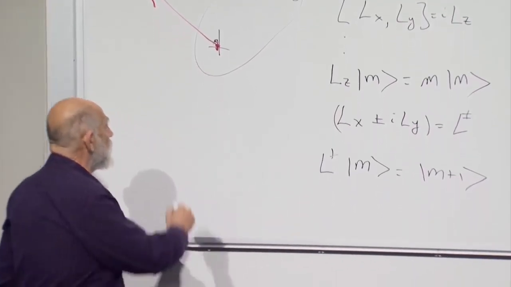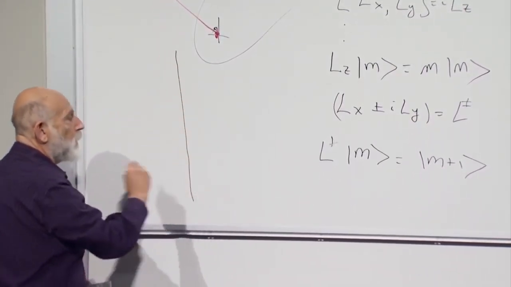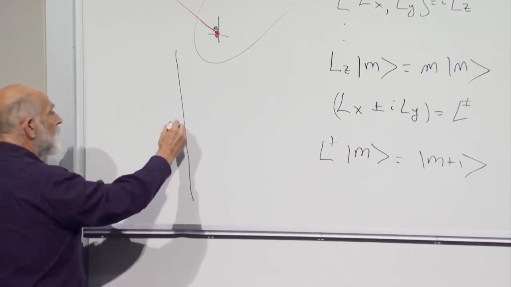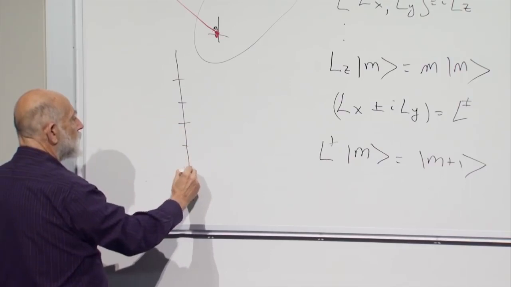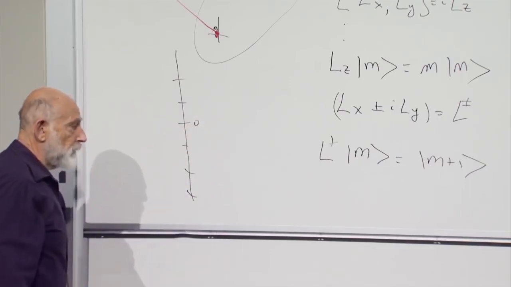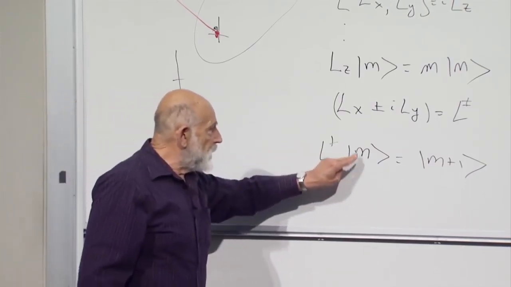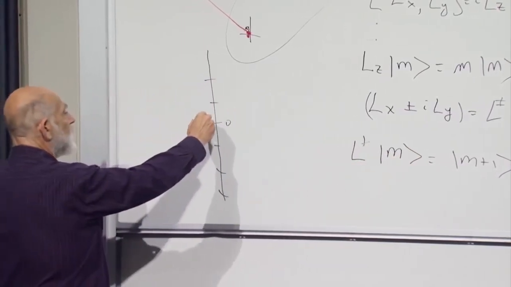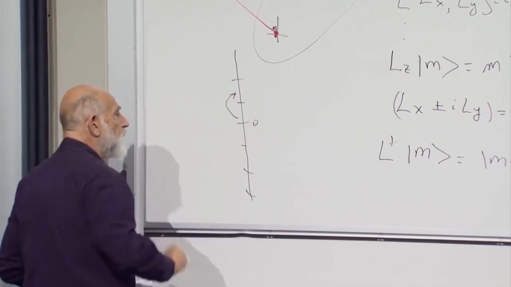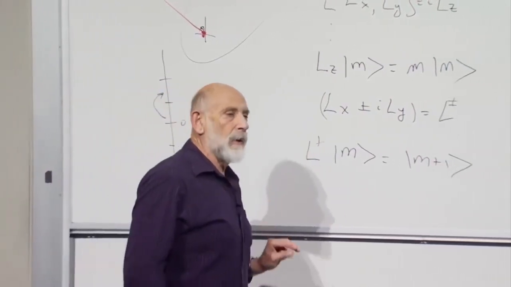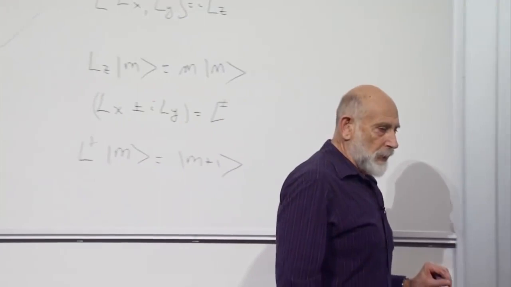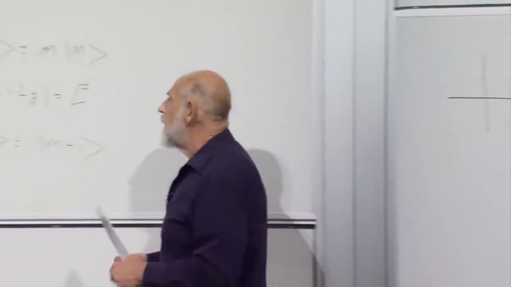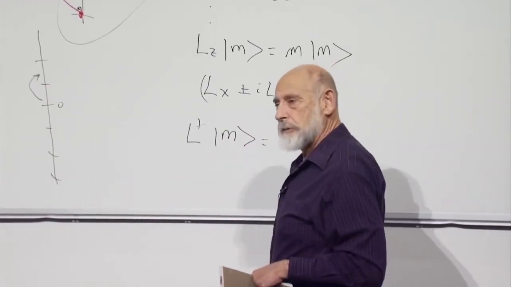This is called a raising operator. If this line represents the spectrum of possible values of m, this tells us that we found another eigenvector which is 1 unit up. It has not yet told us anything about whether the m's are integers or not, but it tells us that if we find one, we can find another one by hitting it with L plus.